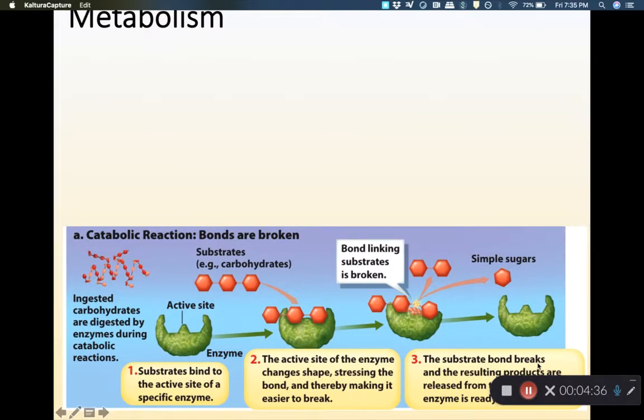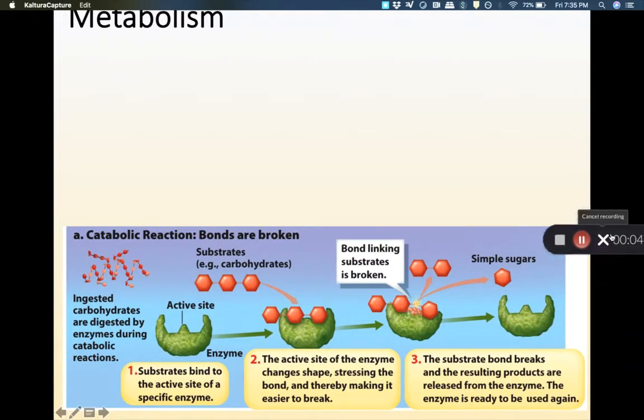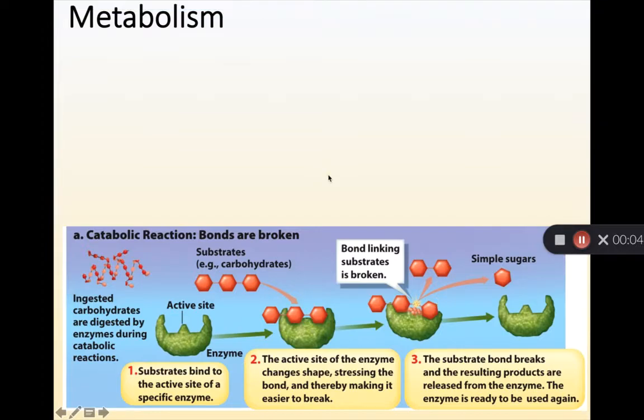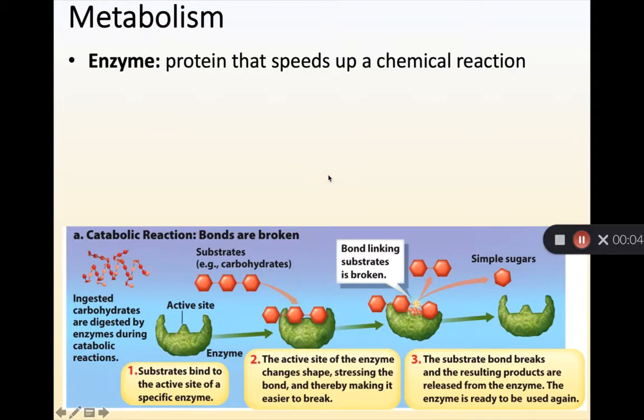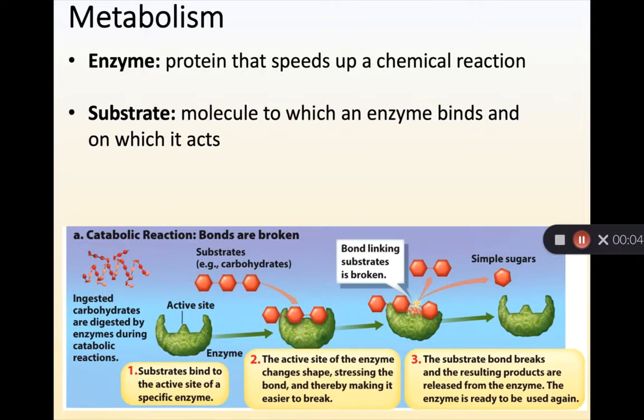So there are three specific terms that we went through when we went over those types of reactions. The first of that is, again, the enzyme, and that's the protein that speeds up the chemical reaction. The second is the substrate. So a substrate is the molecule to which an enzyme binds and on which it acts.